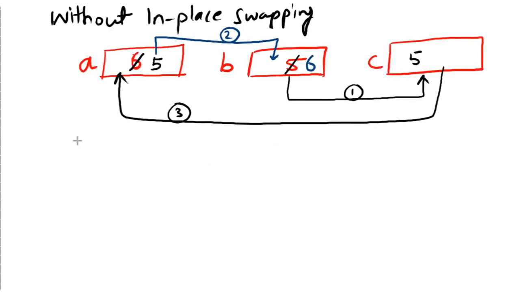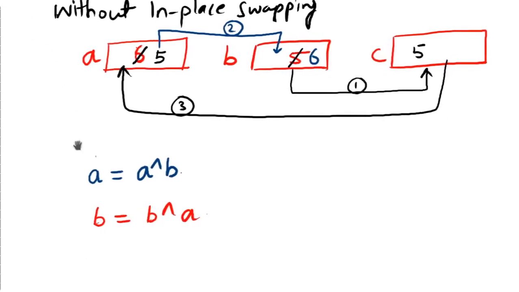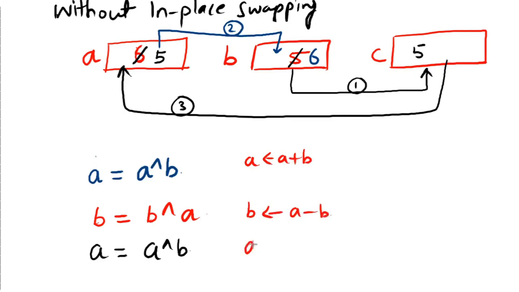Using how addition and subtraction has been applied for swapping, a similar idea can be applied for XOR, where A will be A XOR B, then B will be B XOR A, and finally A will be A XOR B. You can compare this with the steps of A plus B and A minus B. So this step is analogous to A plus B, this step is analogous to A minus B, and this step is analogous to A minus B.